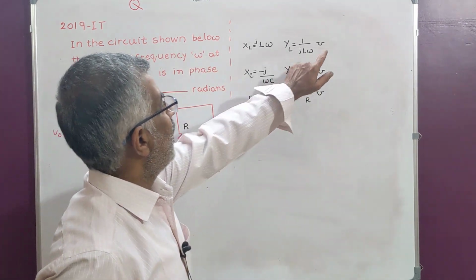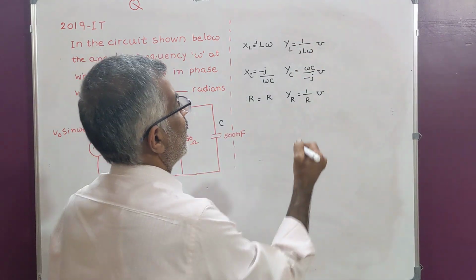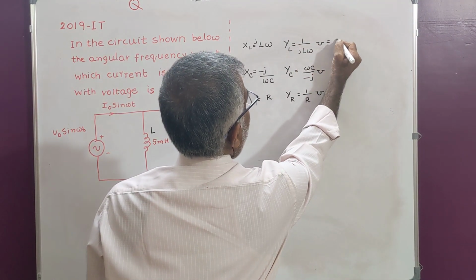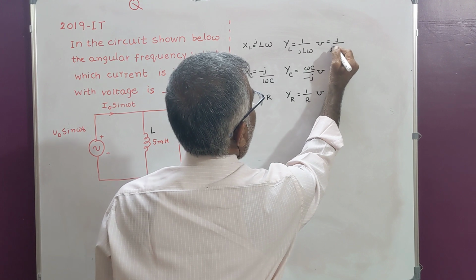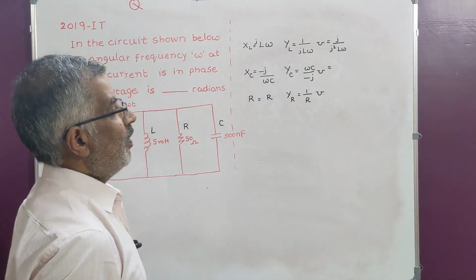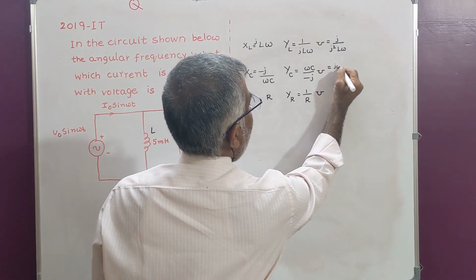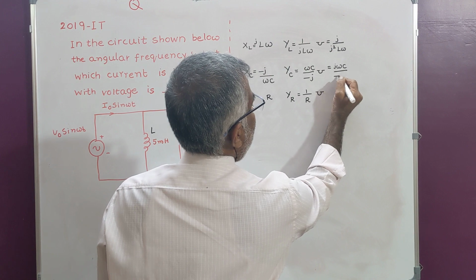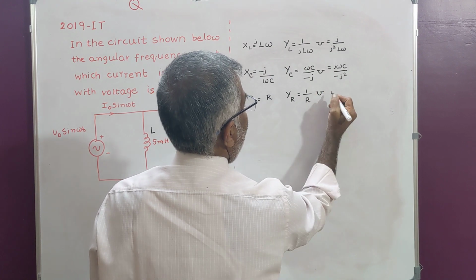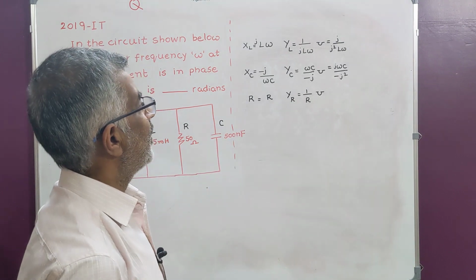Now multiply numerator and denominator by j. So j by j squared L omega. For the capacitor, I multiply numerator and denominator by j, giving j omega C by j squared minus... and I don't touch YR, let it be as it is.